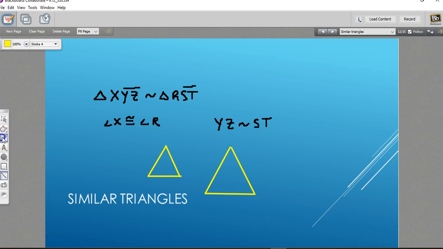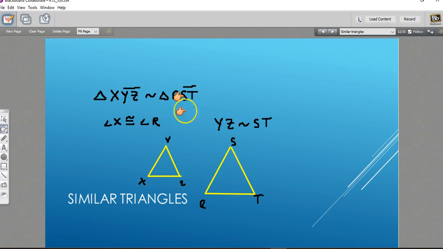Let me go ahead and label these. So X, Y, Z, and R, S, T. We can see that YZ is similar to ST. And you can see that in the name, right? YZ, ST, and you should be able to see it in the name.